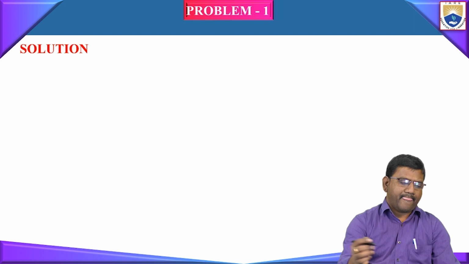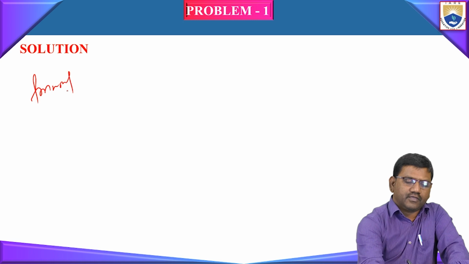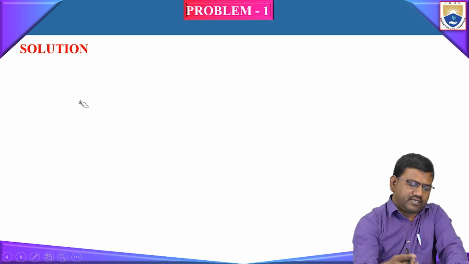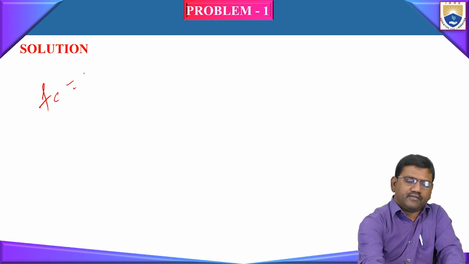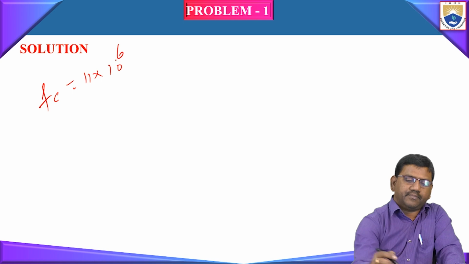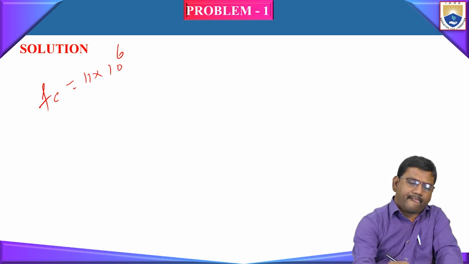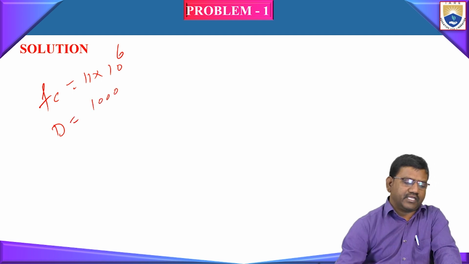So what is the given data here? F MUF. We know that the critical frequency is given as Fc. The critical frequency is given as 11 into 10 power 6 hertz. And the distance D is given as 1000 kilometers.